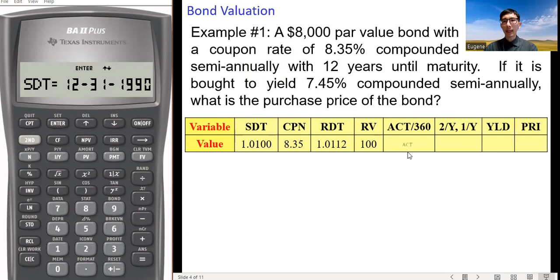Day count method, ACT. Coupon per year, or the compounding frequency for the market rate or the coupon rate, compounded semi-annually. So this is 2Y. And then the market rate, YLD, 7.45%. And we need to get the PRI.